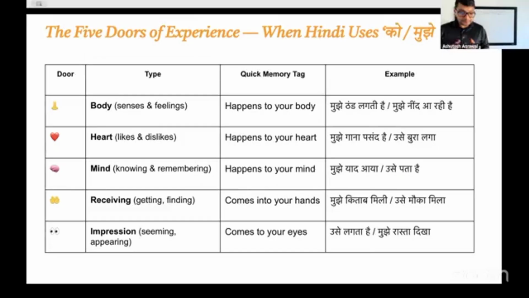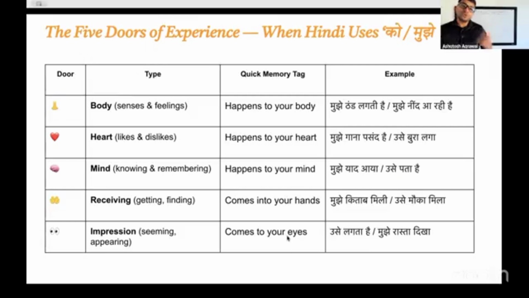The short framework, or model, is: when something is experienced by your body, your heart, or similarly your mind, if something happens to your mind, or comes in your hand, you're receiving something, or comes to your eye, such as you feel, or it seems to you, all of those cases are considered experience in Hindi.